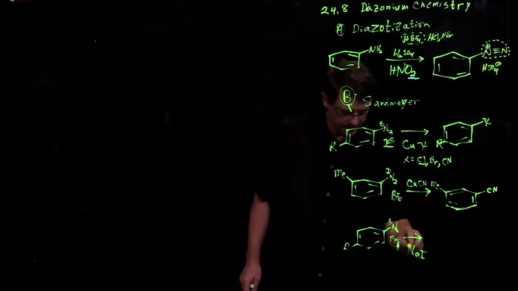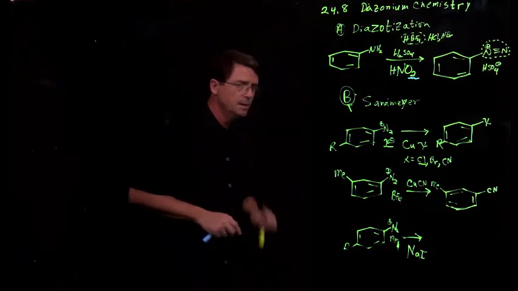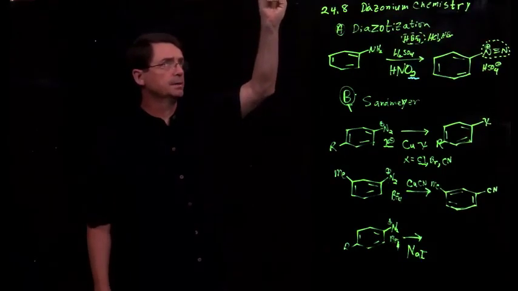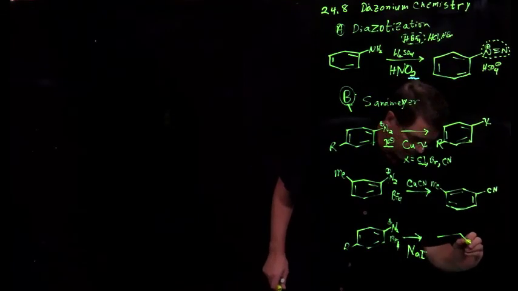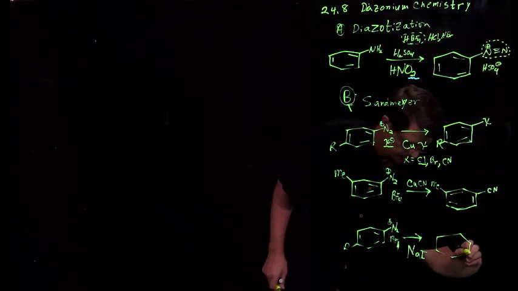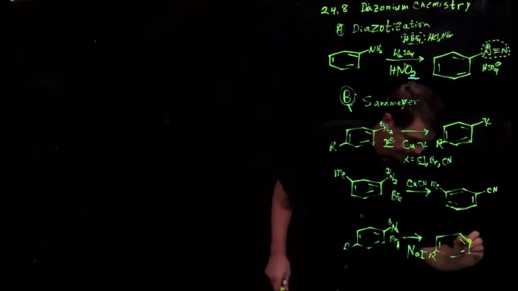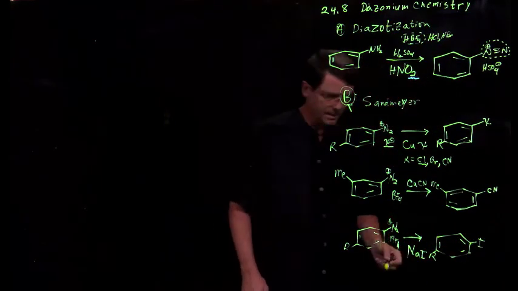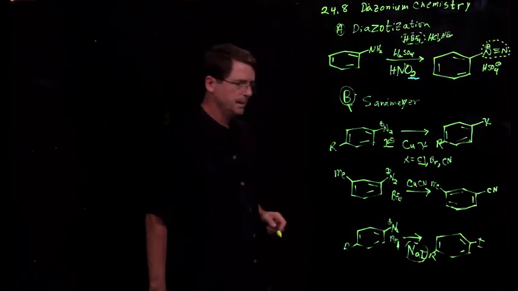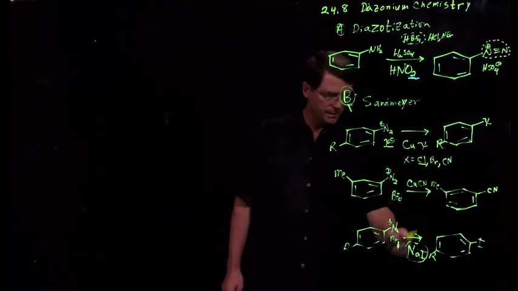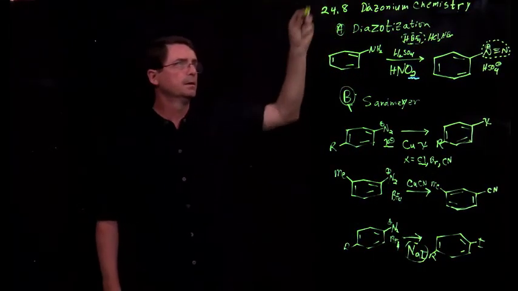Okay, iodide pretty easily forms radicals, so it's not too big a challenge to get this chemistry to occur. And so the product here will be the iodide. So for iodide, all you need is sodium iodide. So that's 1, 2, 3, 4 new chemical reactions that we've learned here.